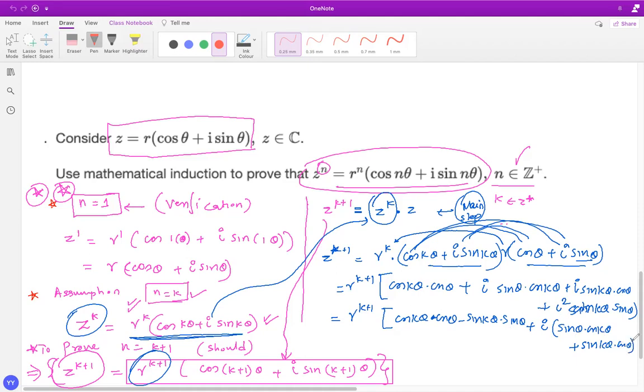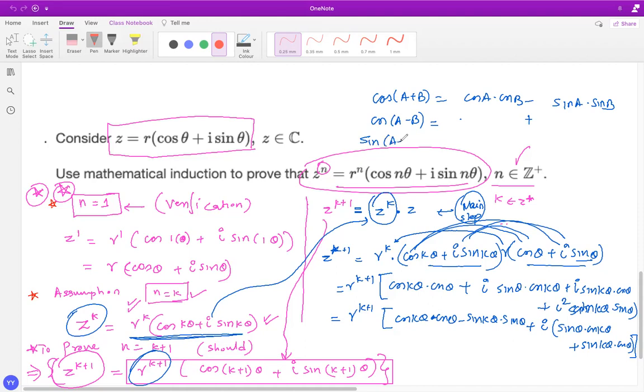Now here what we got to do is apply the compound angle formulas. So I'll just quickly write down the compound angle formulas. cos A plus B is cos A cos B minus sine A sine B. And if I got cos A minus B, it is obviously this with a plus.